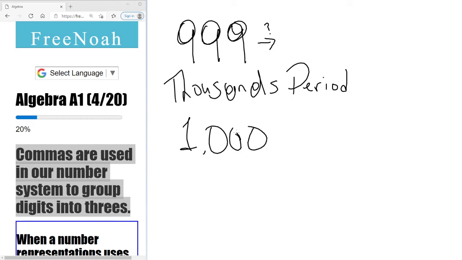Don't overthink it. All we did was add a one and then three zeros. So this is a group of three. Commas are used for big numbers, and they represent groups of three digits.